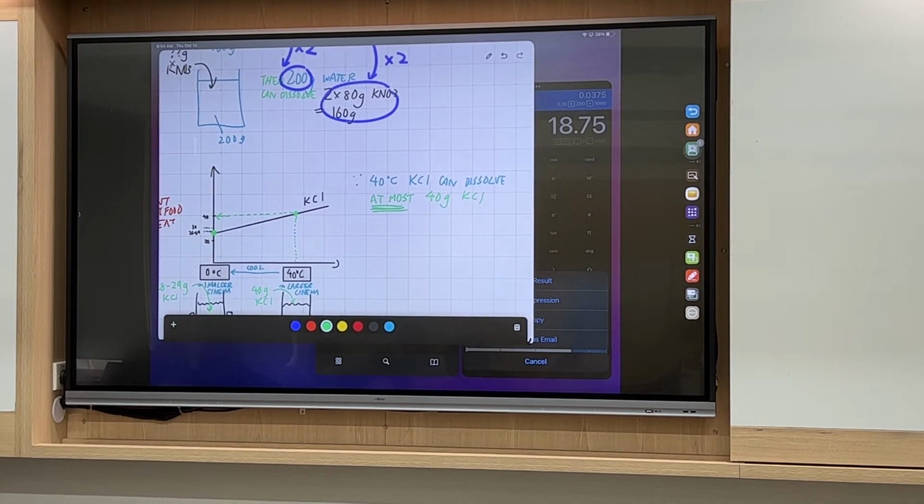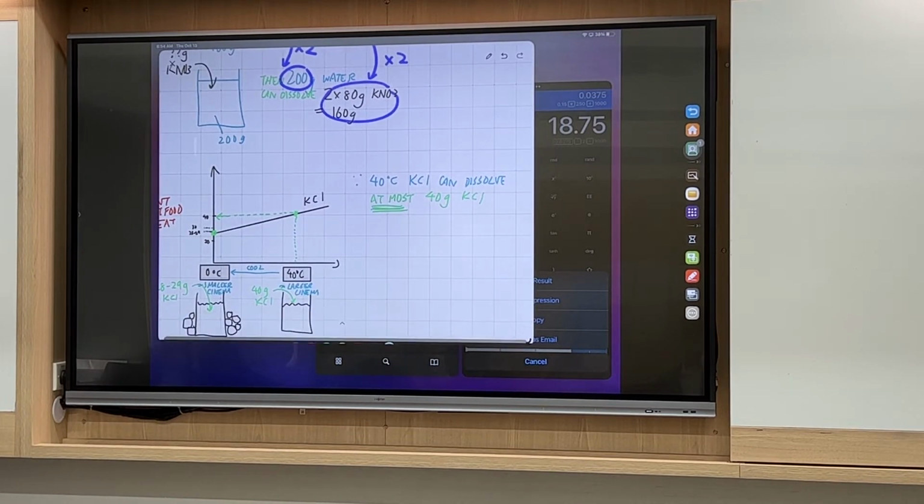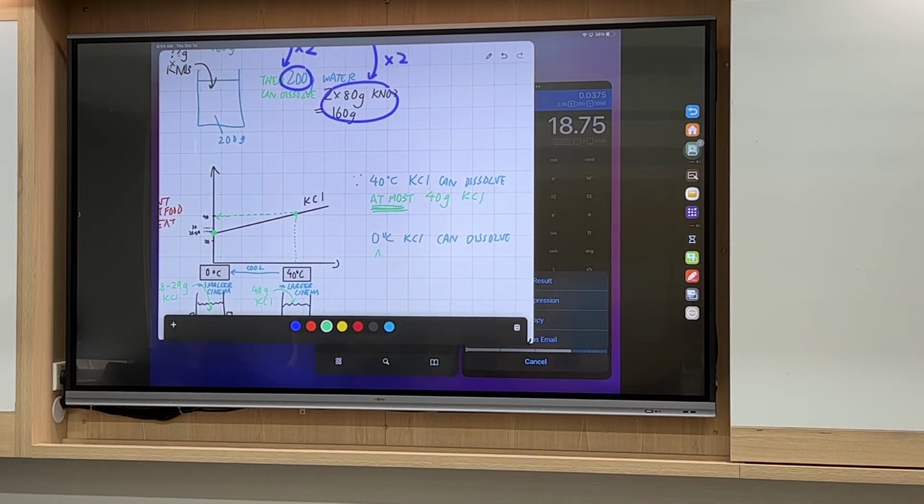What happens to those that cannot dissolve? They will come out of the solution. So a 0 degree KCl solution can dissolve only, again, at most, 28 to 29 grams of KCl.